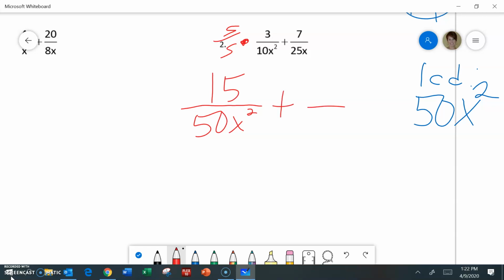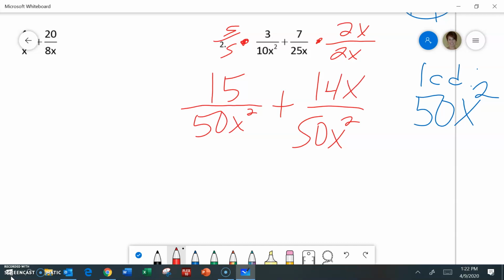And then over here, we already have 25x, but I need to figure out what to multiply by to get 50x squared. So I'm going to multiply that by a 2x. And whatever you do to the bottom, you do to the top. So the denominator, 25x times 2x, is 50x squared. And in the top, I have 7 times 2x, which is 14x.